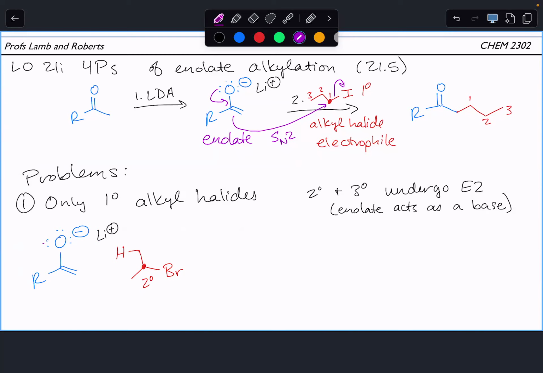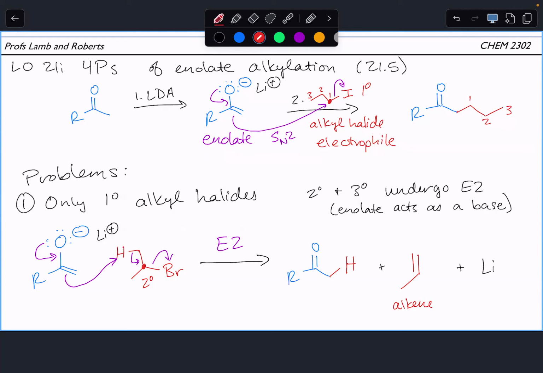And so what that looks like, our lone pair pushes down. Our CC double bond is going to grab the proton instead of attacking as a nucleophile. And then we do E2 elimination. Remember, E2 elimination is done in a single step. And that ends up with a proton in that alpha position plus this alkene, which is your elimination product, plus lithium bromide as the byproduct.